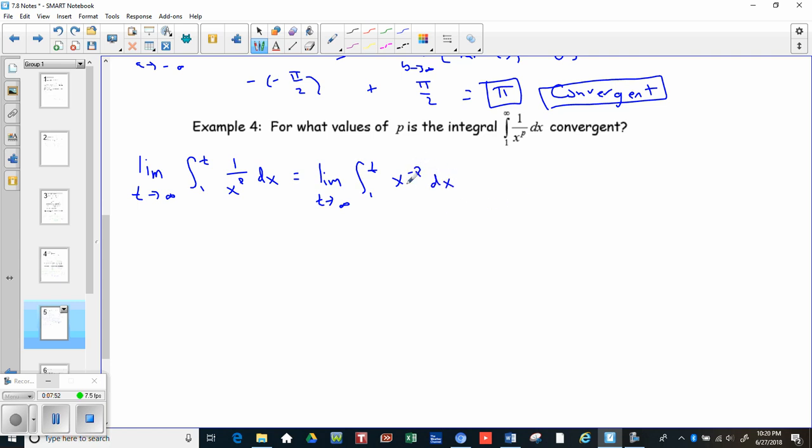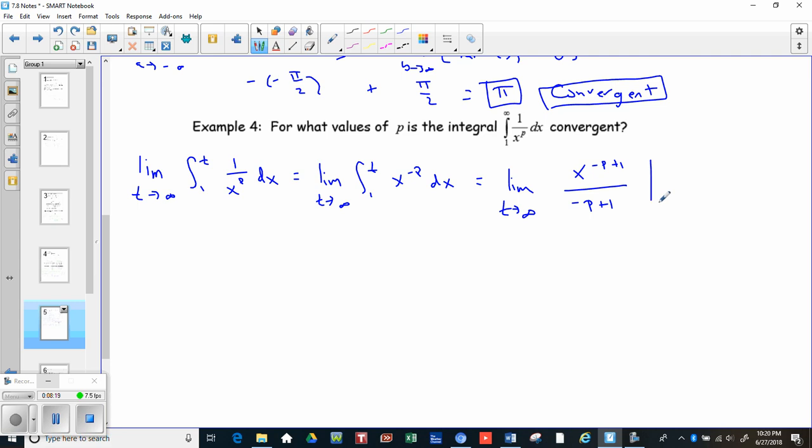dx. And since p is just a constant number, it's just a value, we can actually use the power rule, which says, I'm going to take the limit as t approaches infinity. If I take the power rule antiderivative, I add 1 to the exponent. So that's negative p plus 1, and then divide by the new exponent, which is negative p plus 1.